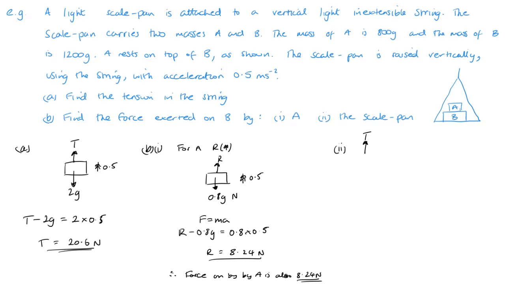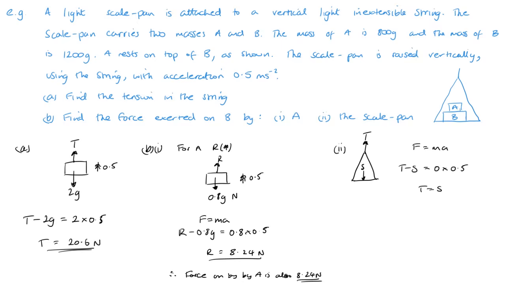We've got this scenario where we know the tension, and then we've got this scale pan, and let's call this S, being inside, because what we're doing is finding the force exerted on the scale pan by B. So again, using F equals ma, this would be T minus S. Now the mass of the scale pan is 0 because it's light.